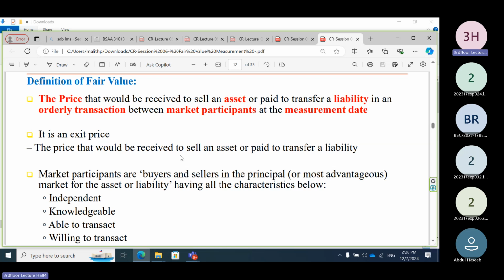And then knowledgeable. Knowledge is having transaction knowledge.